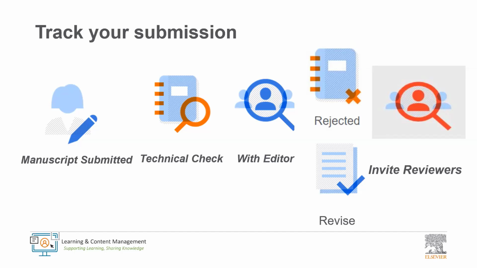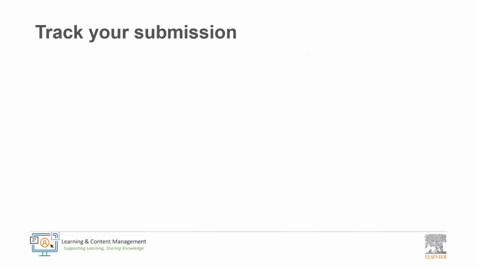So if the editor decides that your paper is a good match for the journal, they will identify 2 or 3 independent reviewers, depending on the journal configuration, and send them an invitation to review your manuscript. When the editors invite the reviewers, the status of the manuscript changes to under review.